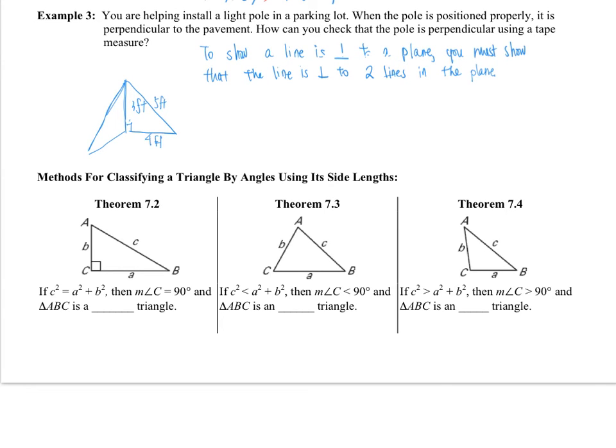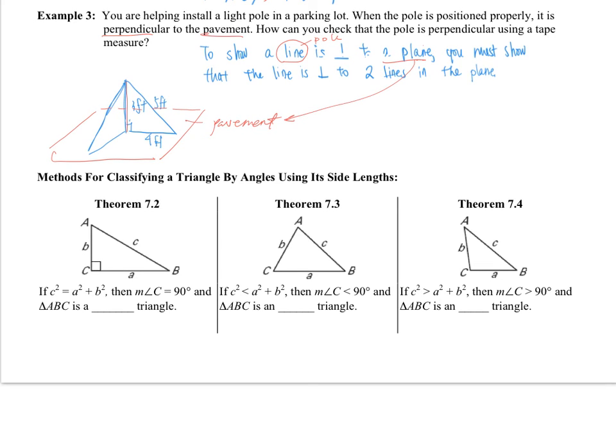So now that I have this pole here, and to show that it's perpendicular to the pavement, meaning this entire ground or pavement, I've shown that this line, the pole, is perpendicular to a plane, which is your pavement.